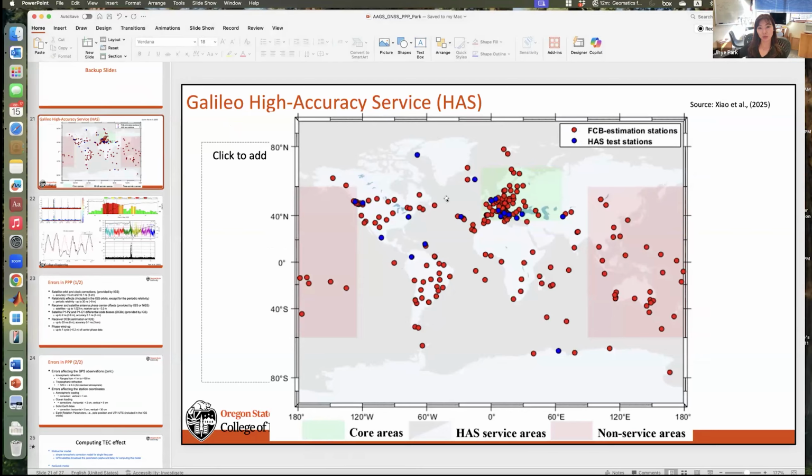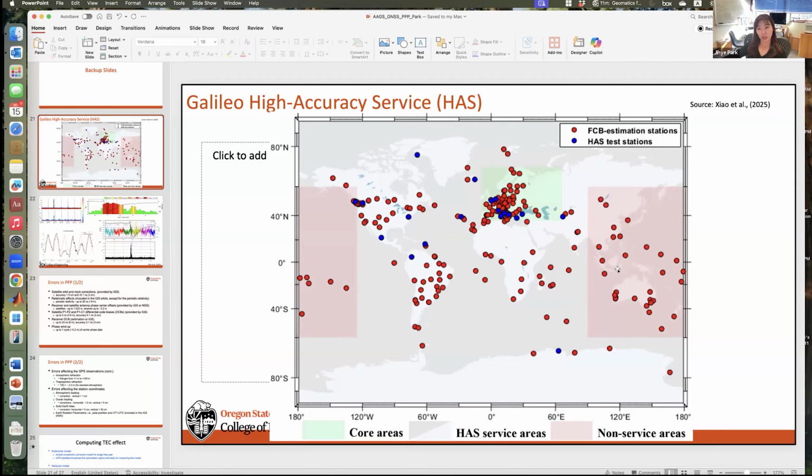However, they have a relatively good distribution of these estimation stations and test stations worldwide. So they try to provide the service worldwide, at least near the major continents. However, there are non-service areas indicated here, like certain areas of East Asia.